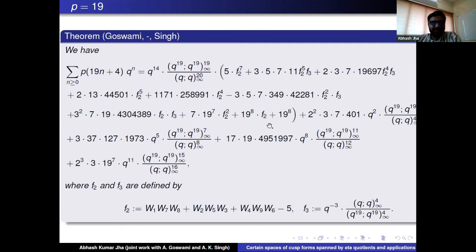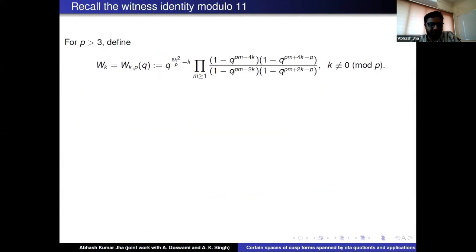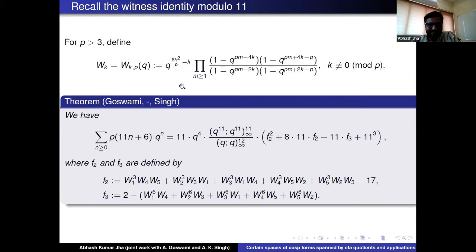One thing I can say is that all these coefficients appearing inside are integers, but I don't know whether a common factor is coming out. That is not obvious. We haven't checked that, whether something can come outside. Like you see in this case here, 11 is a factor coming from all these terms, right? Yeah. But I don't know; we haven't checked.